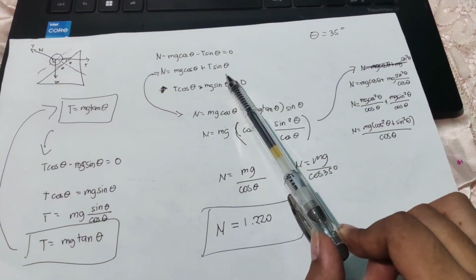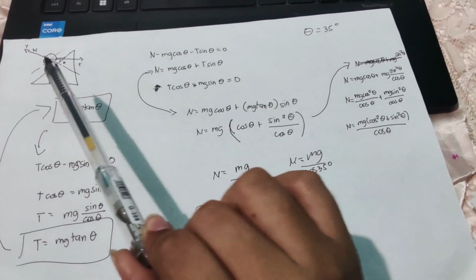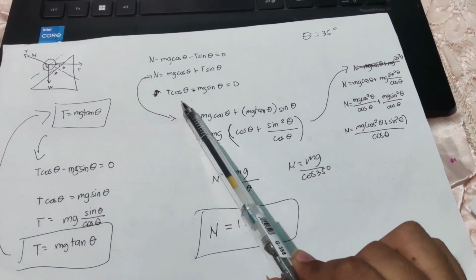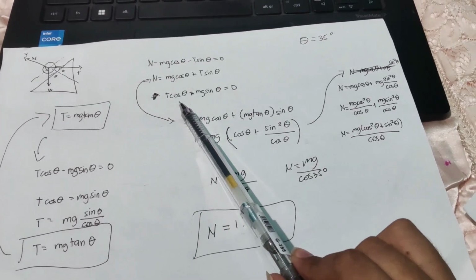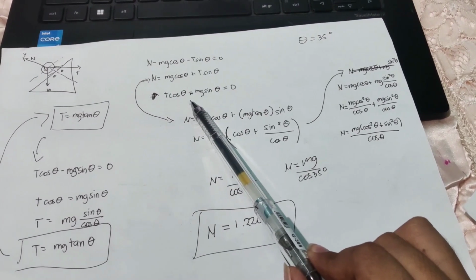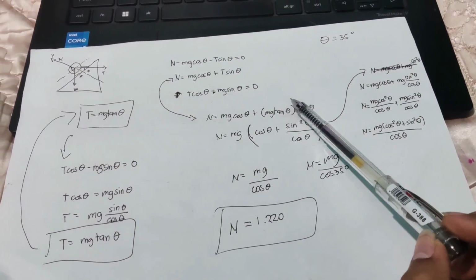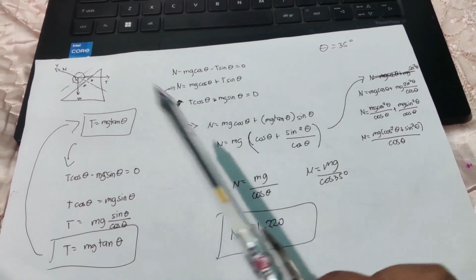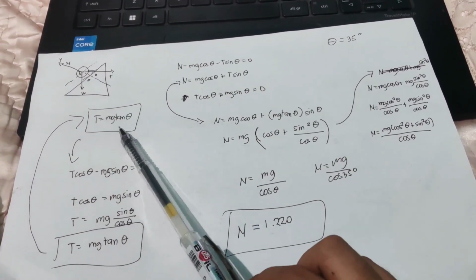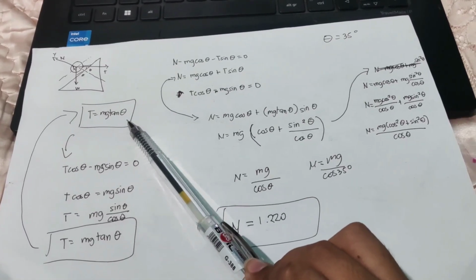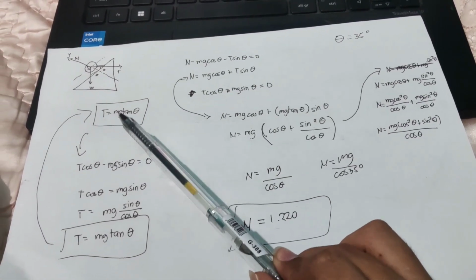So we already know from the parallel to ramp direction that tension cos theta minus weight sine theta is equal to 0. So tension is equal to weight tan theta. Let's derive this.